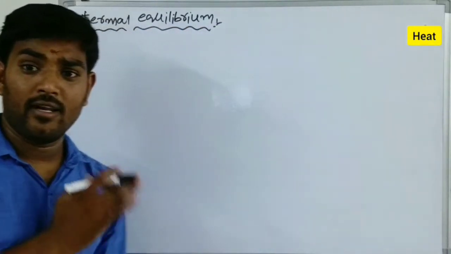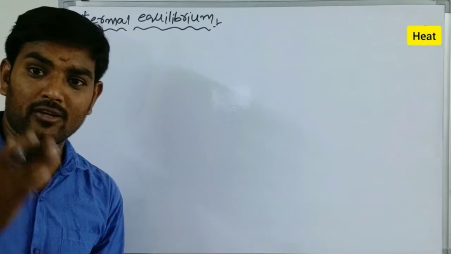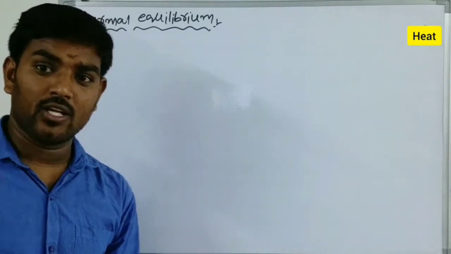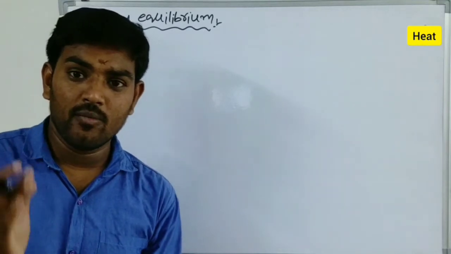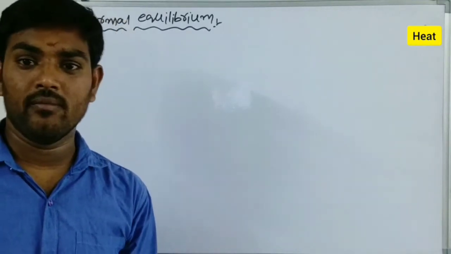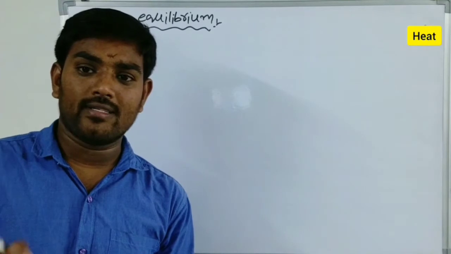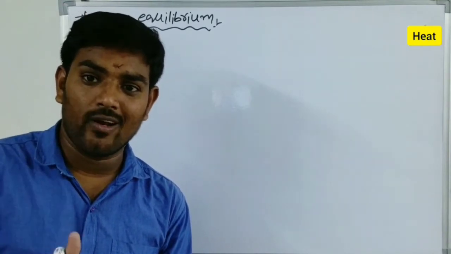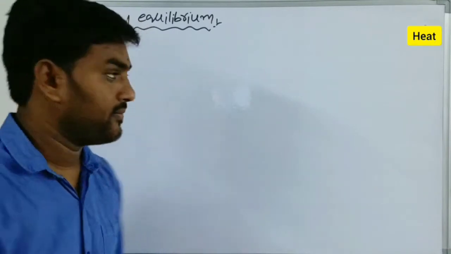What is thermal equilibrium? The simple definition of thermal equilibrium: two or more bodies having the same degree of hotness or coldness. This is called thermal equilibrium.